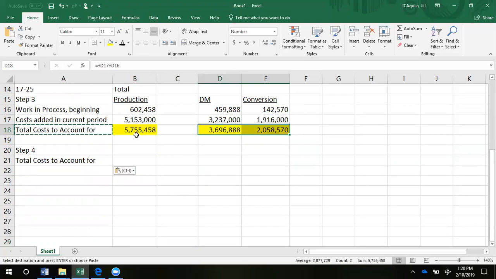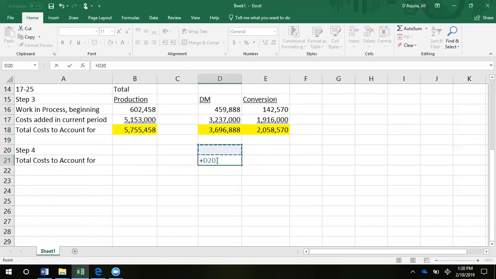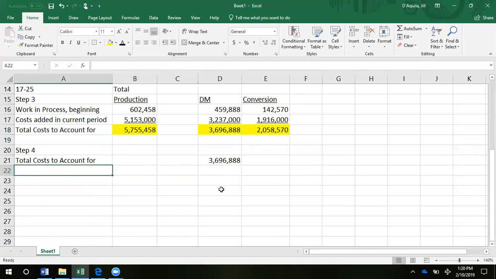I'm not going to be touching this right now because I really want to work with equivalent units. So I will copy for direct materials, I'll take $3,696,888. And if I want to figure out a cost per equivalent unit, I will divide by equivalent units.